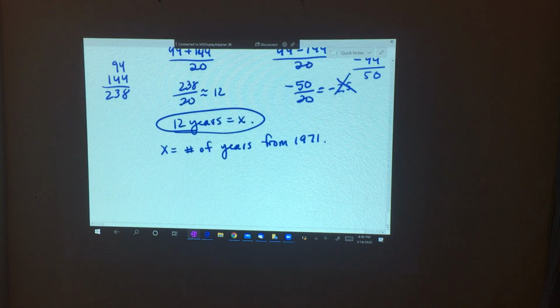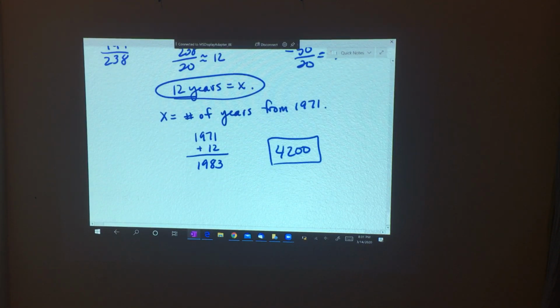So I have to add 12 to 1971 and I get 1983. So in 1983, there were 4,200 films made. So that goes back to the original.